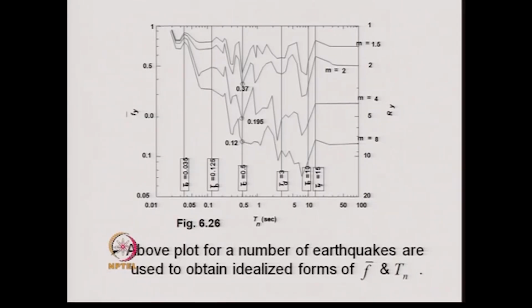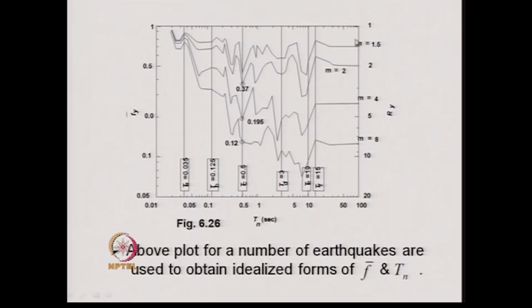Therefore, it is possible to plot a curve showing the relationship between f bar y and T n for a given value of mu. Such a curve is shown over here.